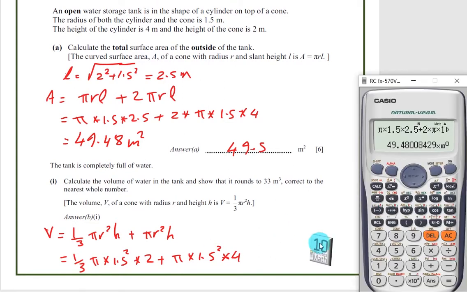So the volume is 1/3 pi 1.5 squared by 2 plus pi 1.5 squared by 4.